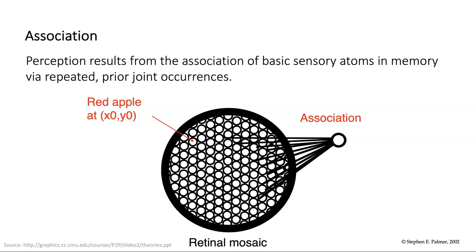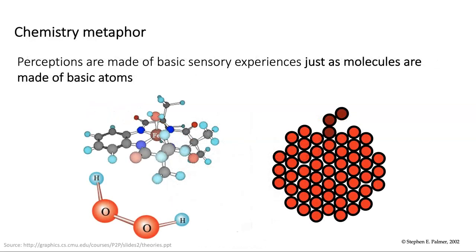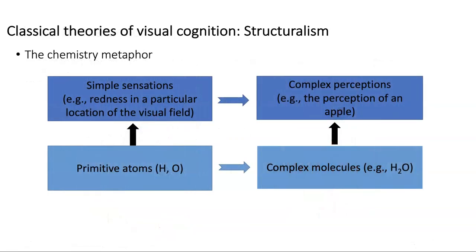And this sensory atom was described in terms of its characteristics. For instance, maybe on the retinal image, they called it the retinal mosaic. Maybe there was one sensory atom which gives the color to the perceived object, and by means of association, they were coming together and forming more and more complex perception.